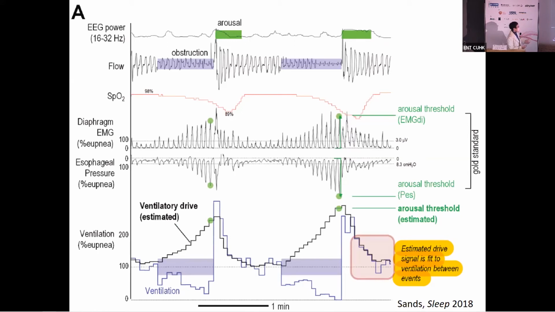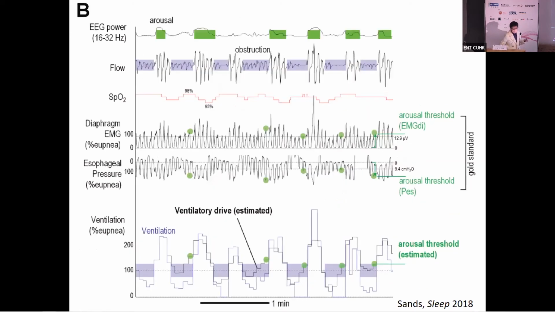What I was mentioning before is what people do in the research lab, and there are increasingly many different groups trying to explore whether we can use the data or signals collected in PSG to estimate the arousal threshold, Pcrit, and so forth, so that we don't have to put in a diaphragmatic EMG or esophageal pressure. So these are also different methods to measure the ventilatory drive.